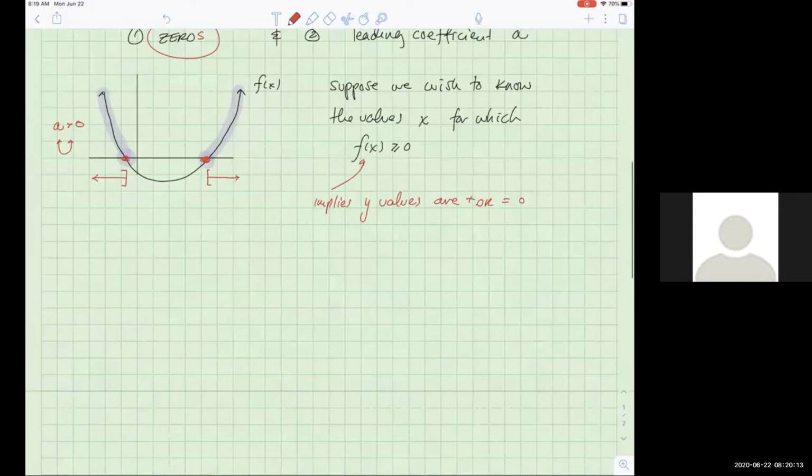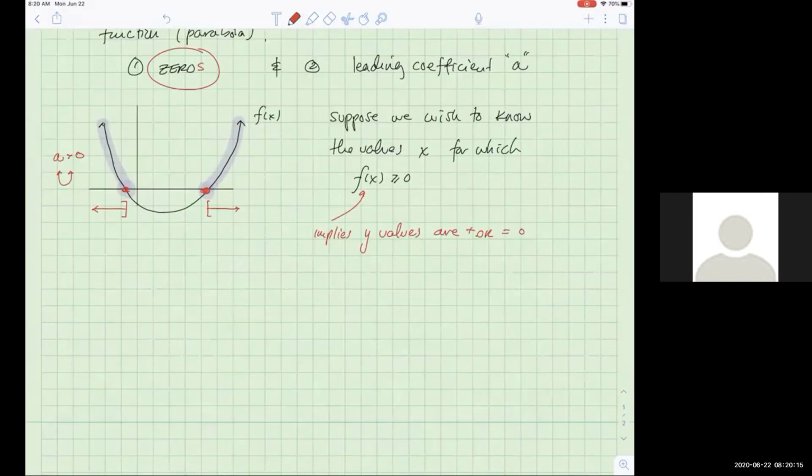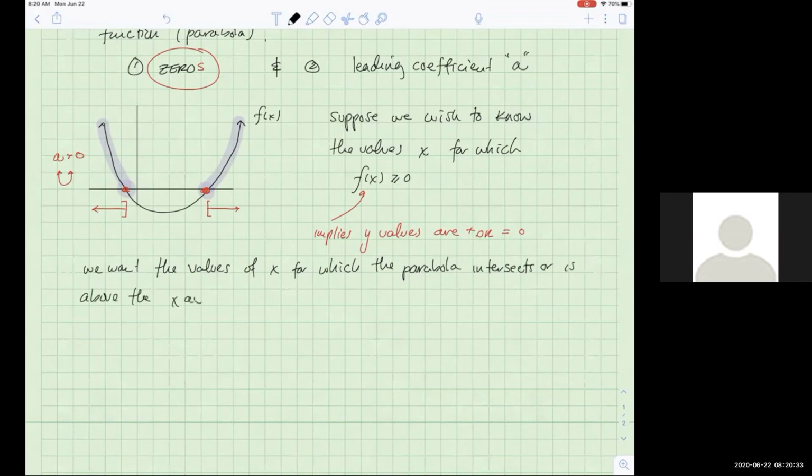We want the values of x for which the parabola intersects or is above the x-axis. Now, into this inequality here.